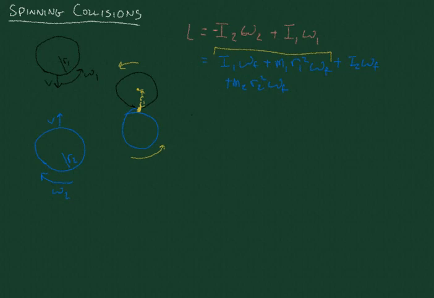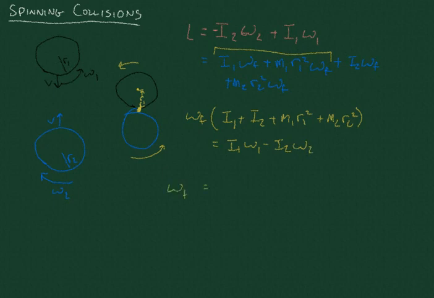So we see that we have omega final outside of moment of inertia 1 plus moment of inertia 2 plus m1 r1 squared plus m2 r2 squared, and that's going to be equal to I1 omega 1 minus I2 omega 2.